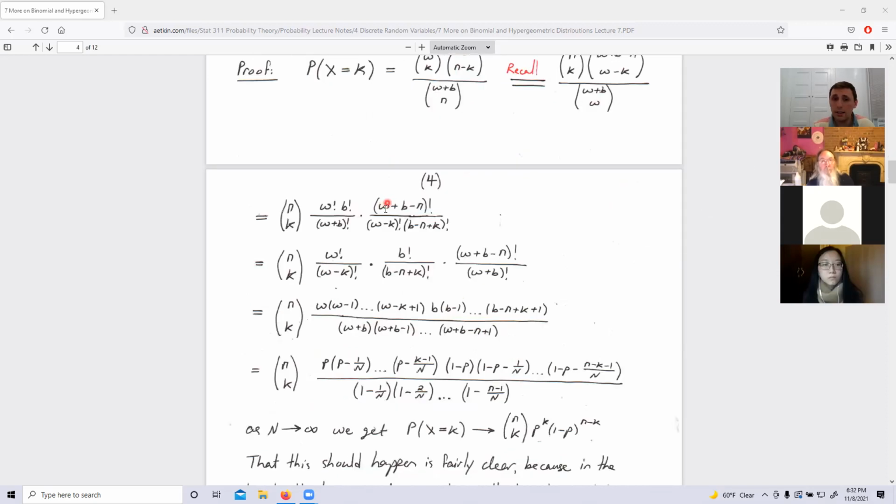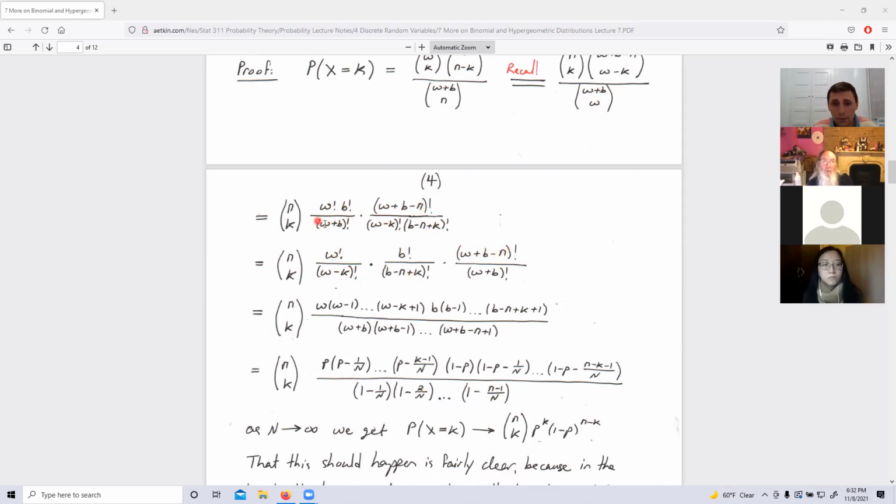And here I can isolate them further. I can say w factorial over w minus k factorial. And here I have, you see, I bother w minus k here. Here I have b factorial over this part. And here I have what remains.